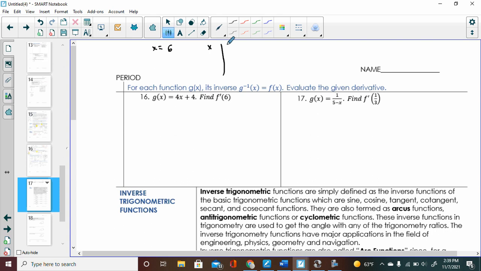Okay, x and g of 6. Okay, so we have at 6, I have 24 plus 4 is 28. Okay, so I'm going to go x and g prime of 6.